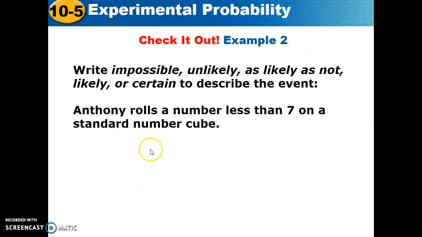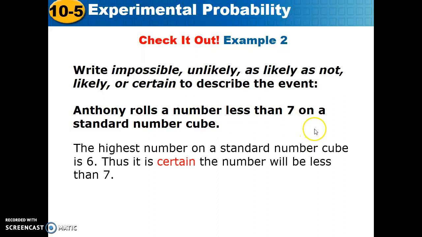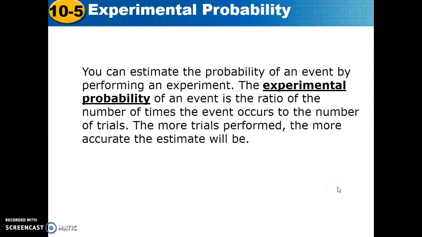We're going to write impossible, unlikely, as likely as not, likely, or certain to describe this event. Anthony rolls a number less than 7 on a standard number cube. And by number cube, they mean dice, typically labeled 1 through 6. He's going to roll a number less than 7. That is certain to happen. The highest number is 6. Thus, it is certain the number will be less than 7.